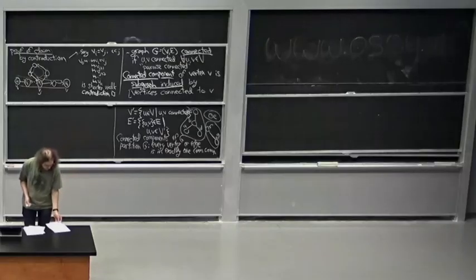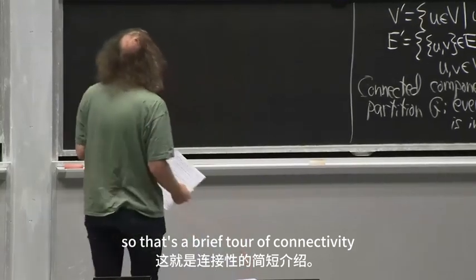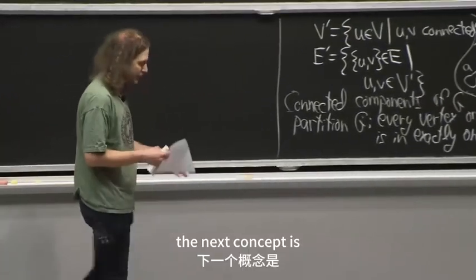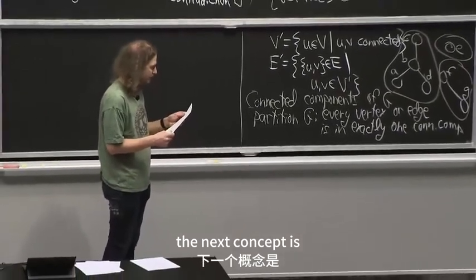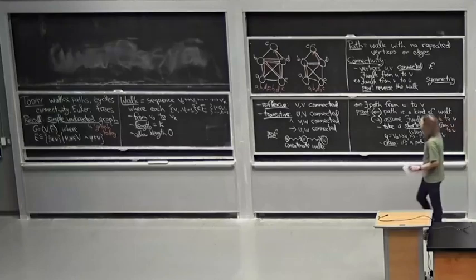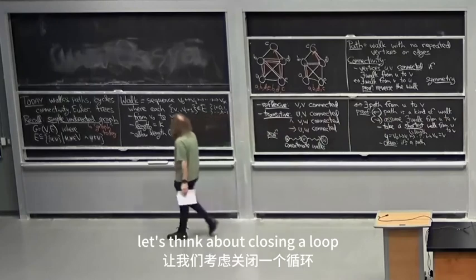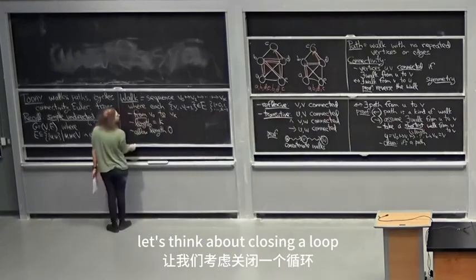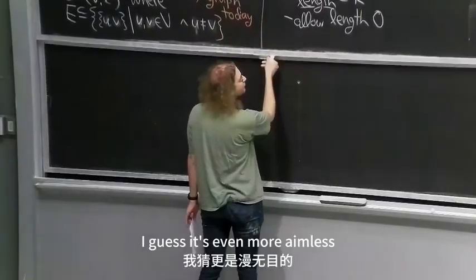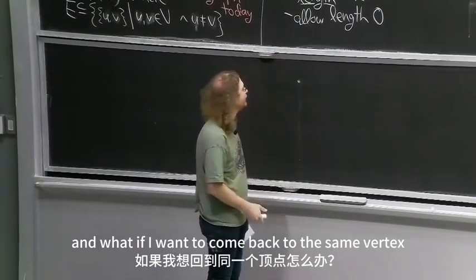All right. So that's a brief tour of connectivity. The next concept is, right now we're just walking aimlessly from one vertex to another. Let's think about closing a loop. I start at a vertex, and what if I want to come back to the same vertex?